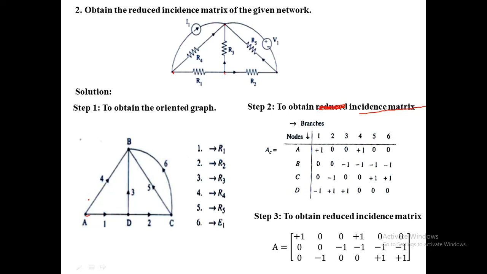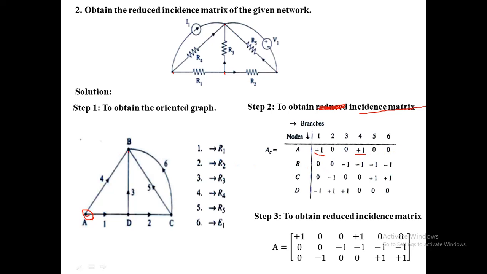Next consider this node A. In this node A, one branch current is leaving and another one is also leaving. Both the directions are leaving from the node, so we put +1. For 1 we put +1, for 4 also we put +1. Remaining, there is no connection, so we put 0.